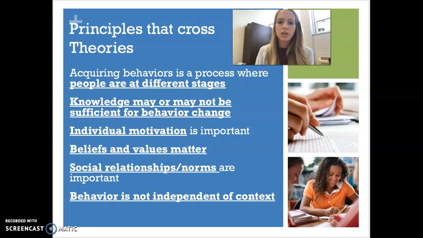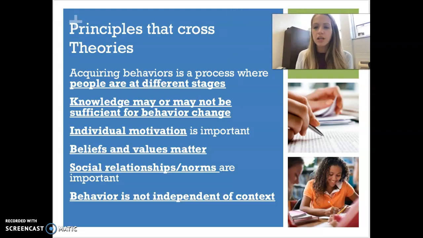All right, so let's quickly look at some of these principles that cross all of our theories. So acquiring behaviors is a process where people are at different stages, right? Not everyone is ready to change, or they may be at different levels of readiness. Knowledge may or may not be sufficient for behavior change. They may not know enough to make those behavior changes.